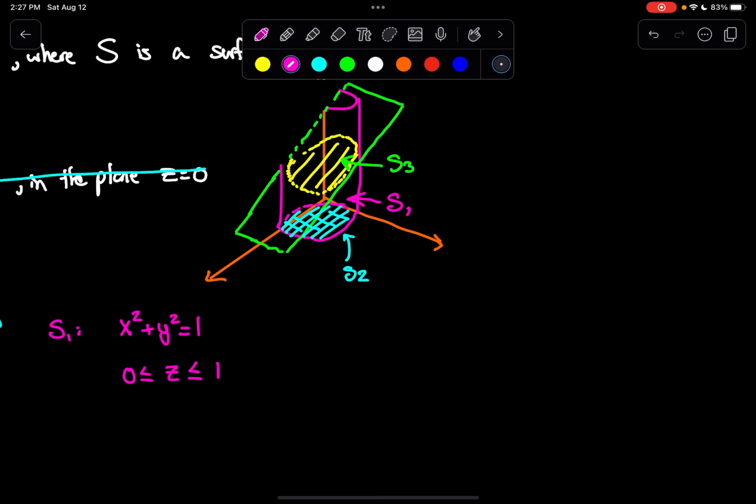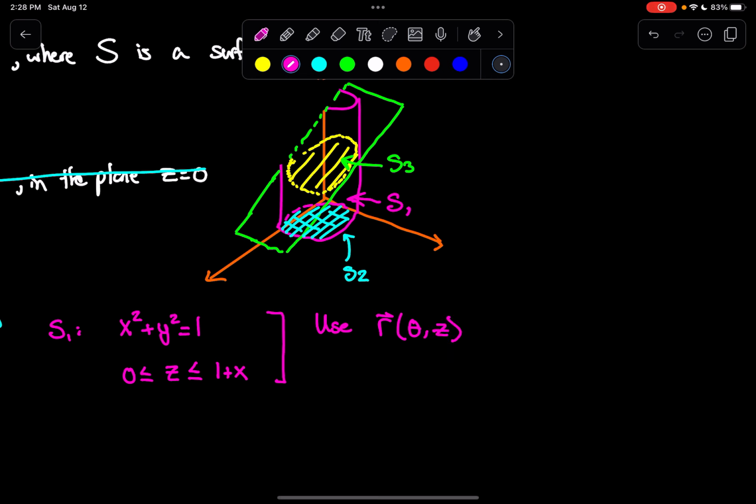It's trapped underneath the plane 1 plus x, and above the line z is equal to 0. But we can still parameterize this surface pretty easily, because we can recognize this is a cylinder, and it's a cylinder of radius 1, so we could create the parameterization in terms of, say, theta and z.